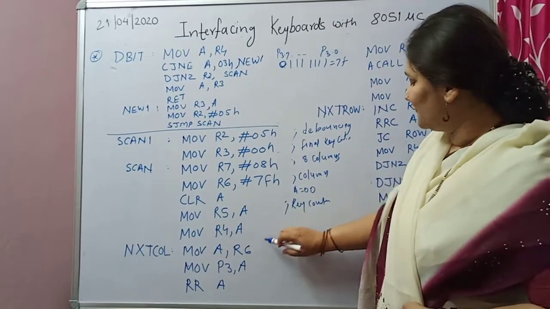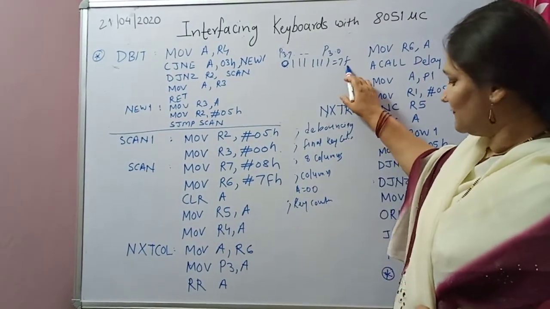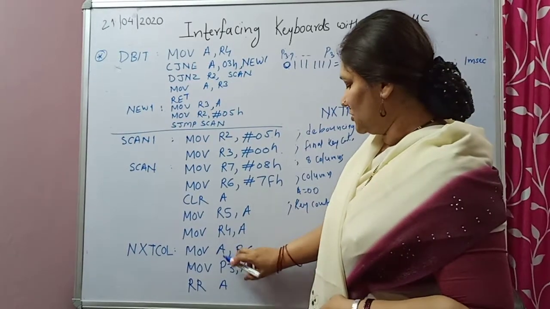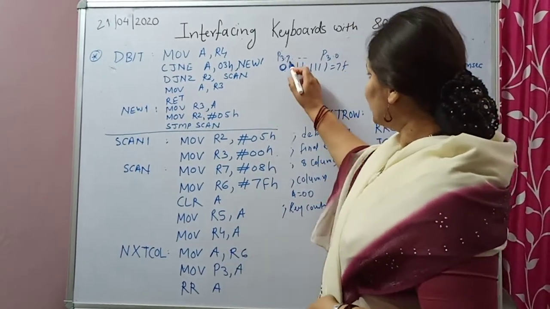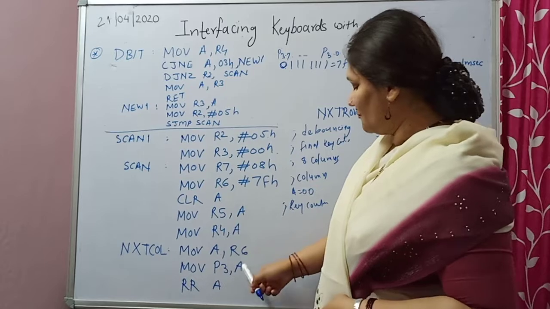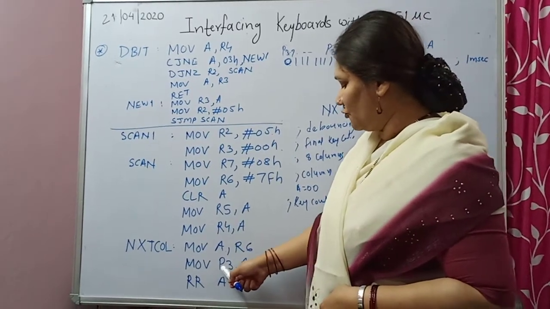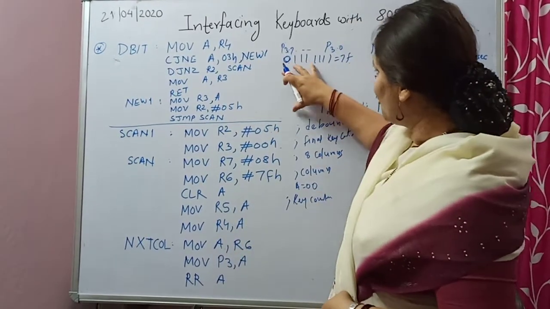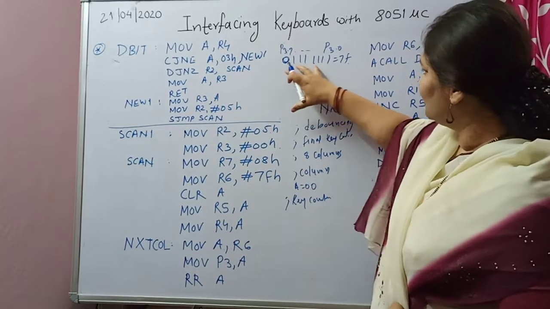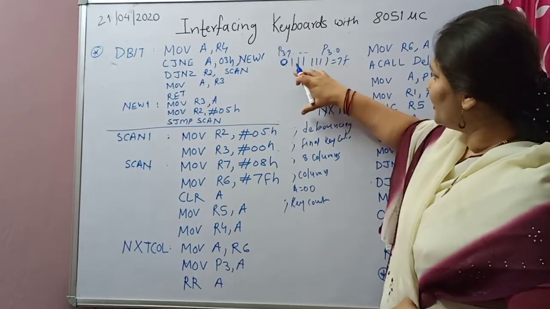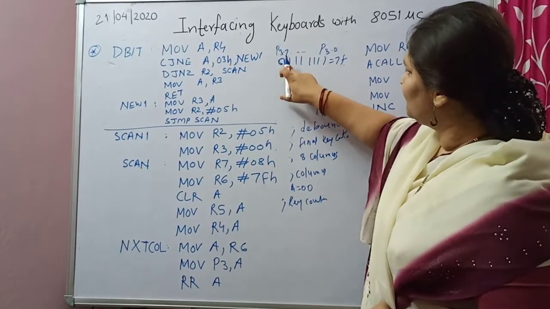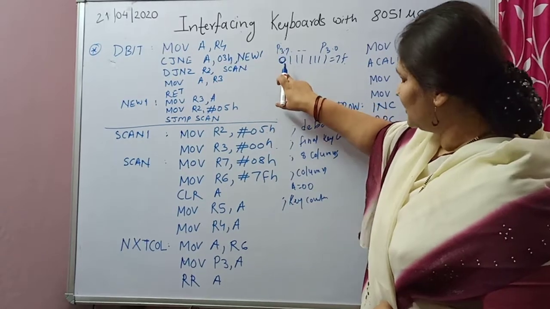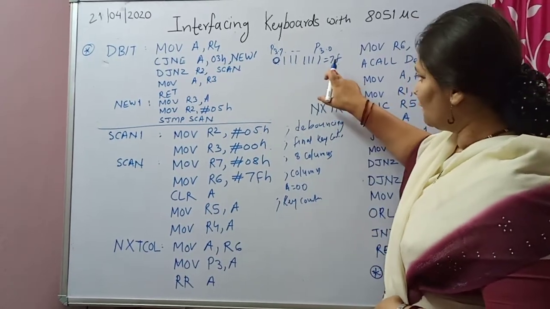The next instruction: we are taking this column activation pattern, that is 7F, into the accumulator. Now where does it have to go? It has to go to port 3. So from the accumulator we are moving it to port 3. Now on port 3 the scan lines are given in this pattern. So only the one column associated with P3.7 is 0, and the rest are all 1.